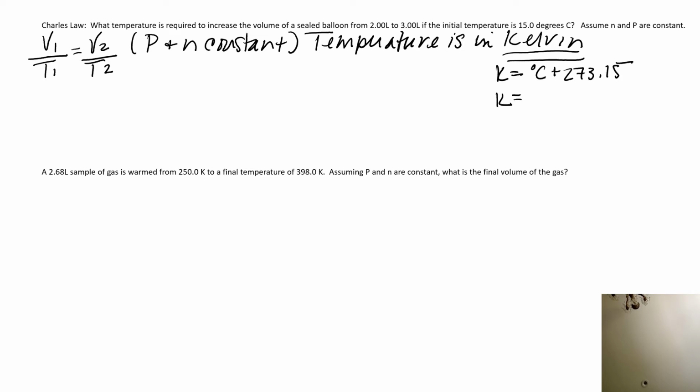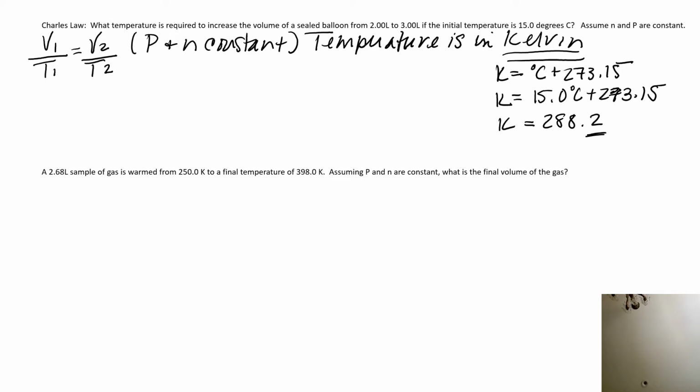So K here is 15.0 degrees Celsius plus 273.15. K equals 288.2 Kelvin. Notice we have 1 decimal place. We're adding. The sig fig rule for adding is least number of decimal places. So we have only 1 decimal place here for our calculation.